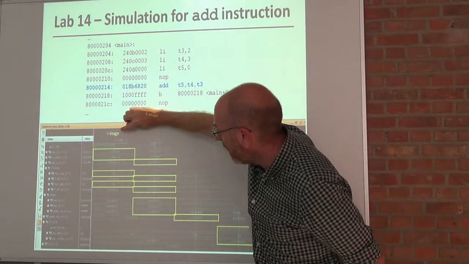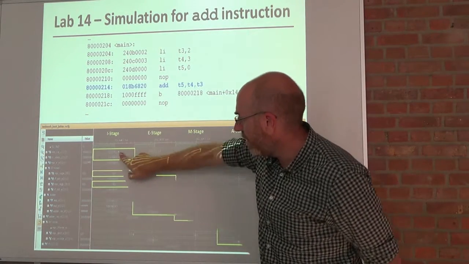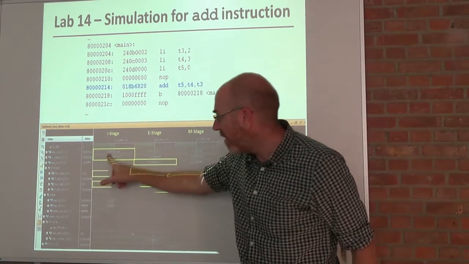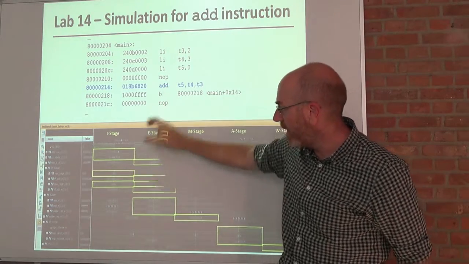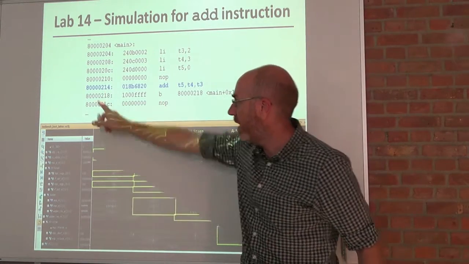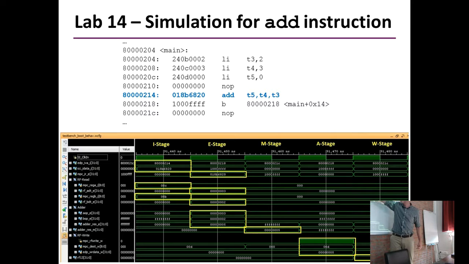So in the I stage, here we have the PC for the add instruction, which is 248.0000214. Okay, that's what we can read here. So this is the signal corresponding to the PC. The register file is accessed, and we obtain a 3 and a 2, which are the two values we initialized in these two registers.